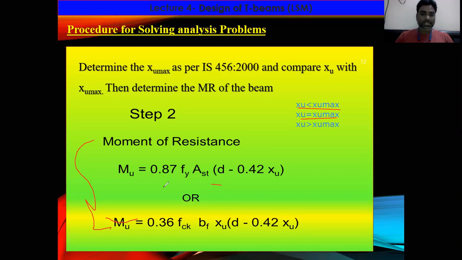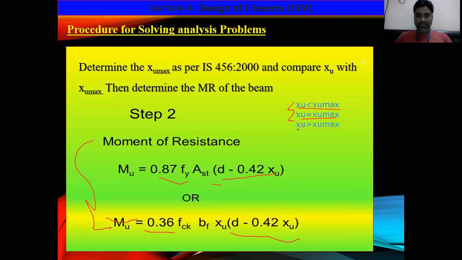That is, Mu is equal to 0.87 fy Ast into d minus 0.42 xu, or you can use this formula, that is 0.36 fck bf xu into d minus 0.42 xu. Any of the formulas you can use to determine the moment of resistance if xu is less than xu max or xu is equal to xu max.